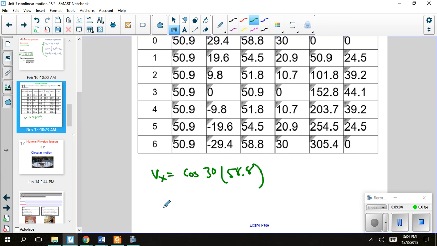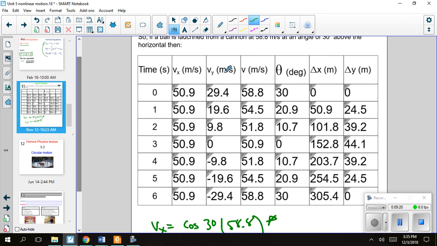That'll give us our Vx. Our Vy will give you sine of 30 times 58.8. And those will give us our initial velocities. This one won't change. That's why this is all 50.9. Doesn't change. Our y decreases by a negative 9.8. It goes down until it reaches 0.